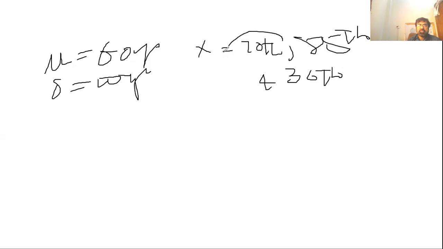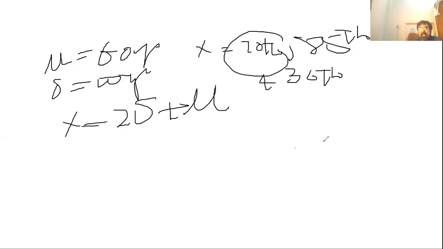So let's do the first one, the 70th percentile, and then 85th percentile and 30th percentile respectively. So x is equal to zσ plus mu.